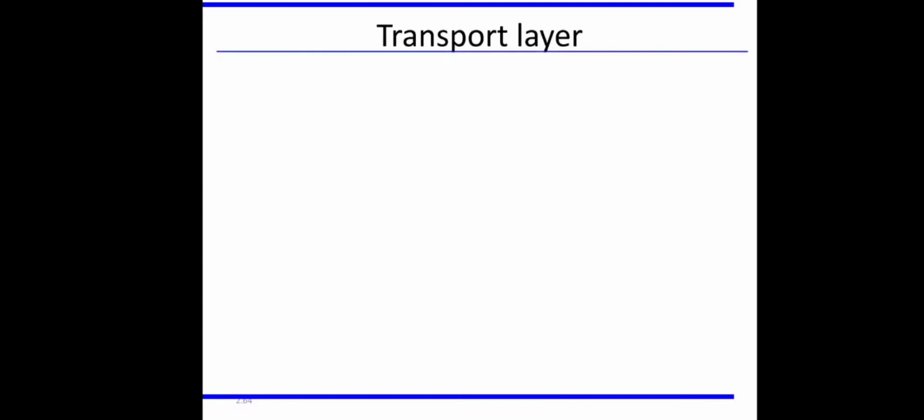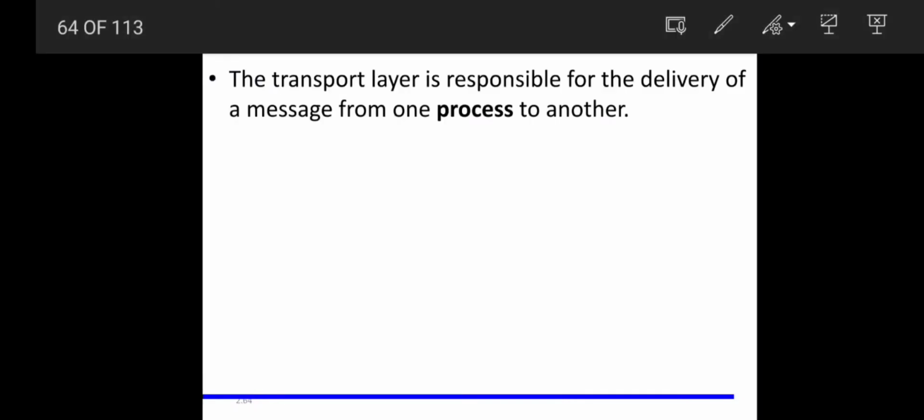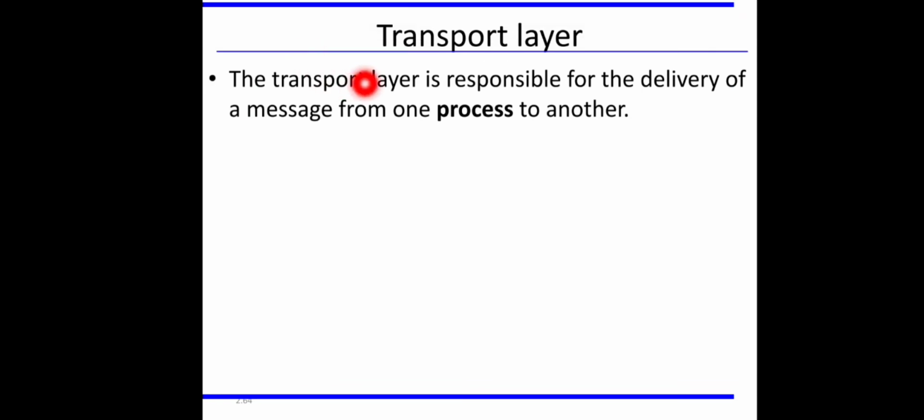So the messages should be properly delivered to the specific process within a machine, right? And the communication is not just packets but the entire message should be delivered properly to the destination, right? So this is done by the transport layer. That is, the transport layer is responsible for the delivery of a message, the complete message, from one process to another.